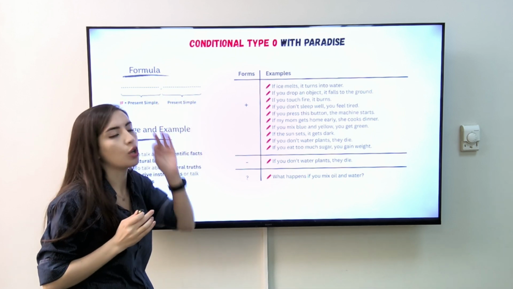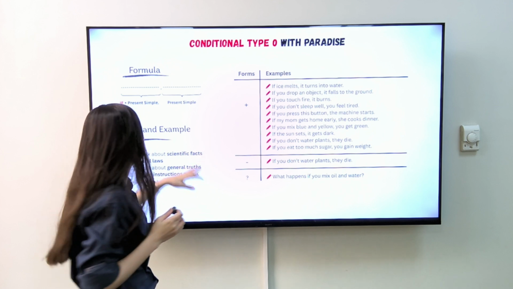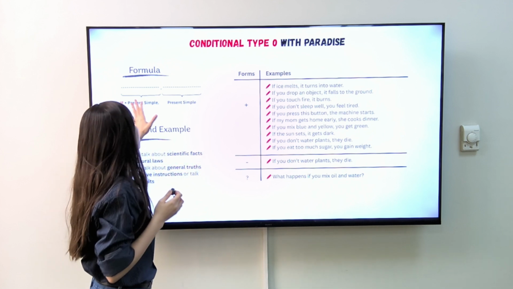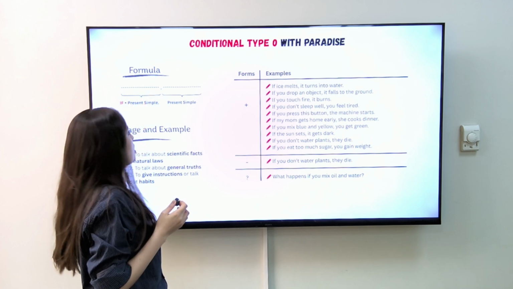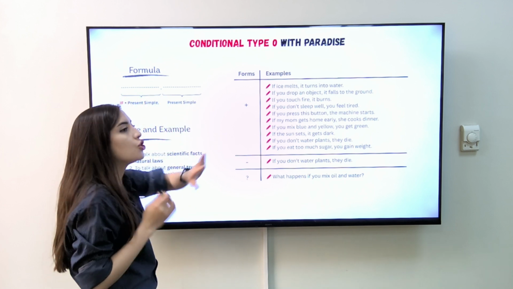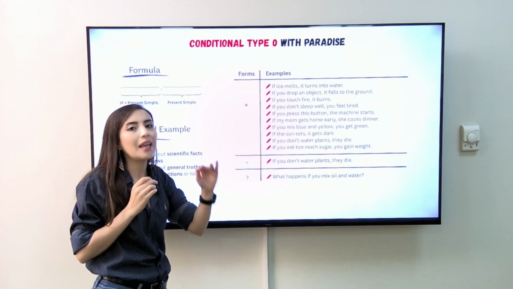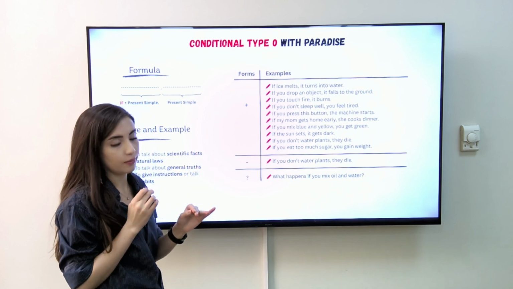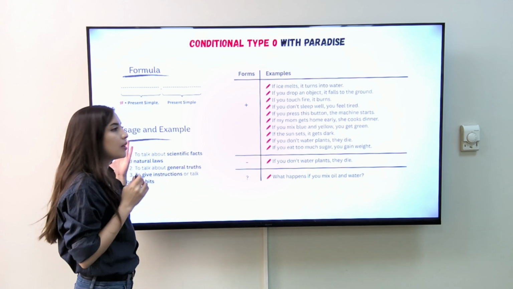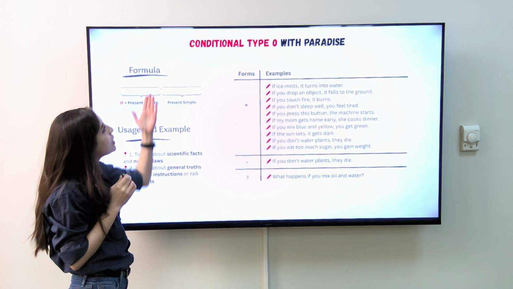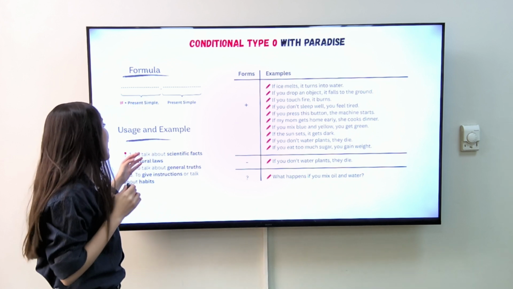It cannot be used in both. Okay? So if plus present simple is the first part or one half, and the other one would be solely present simple. Deal? So let's see what the conditions are in which we use conditional type 0.